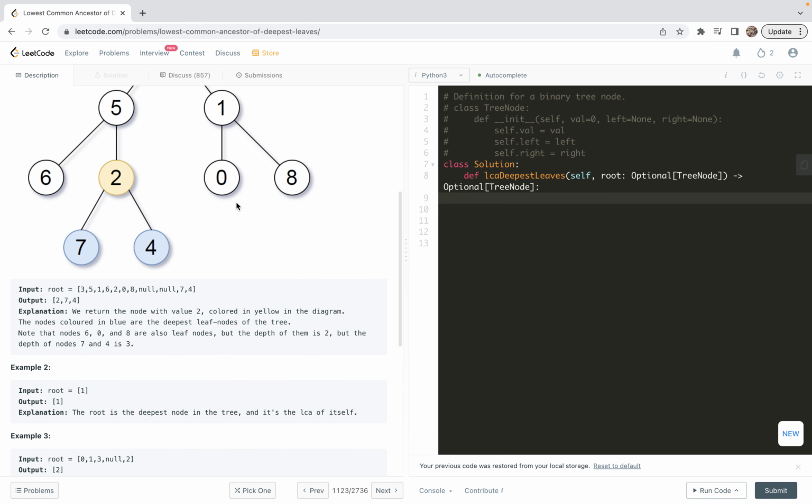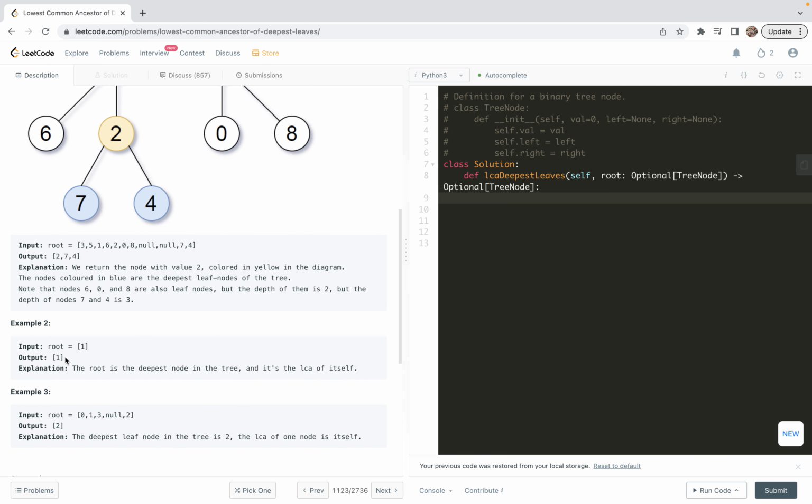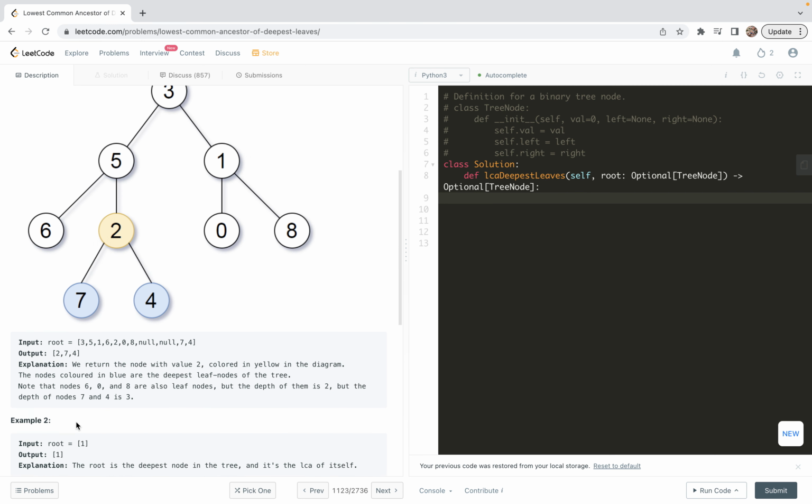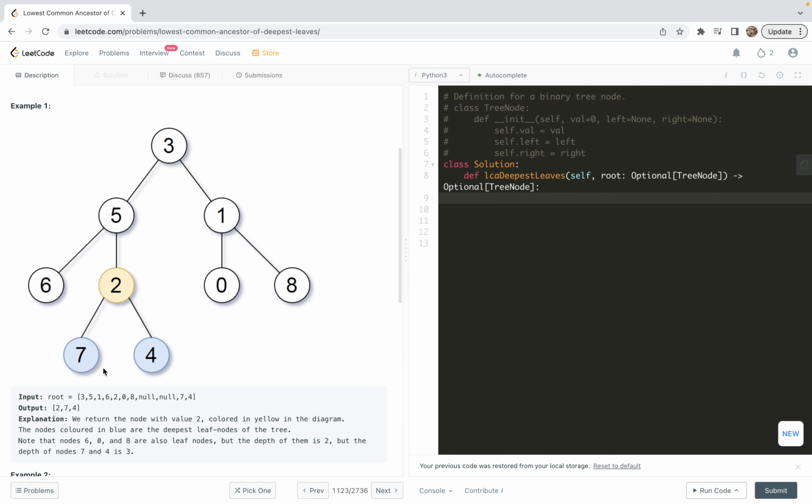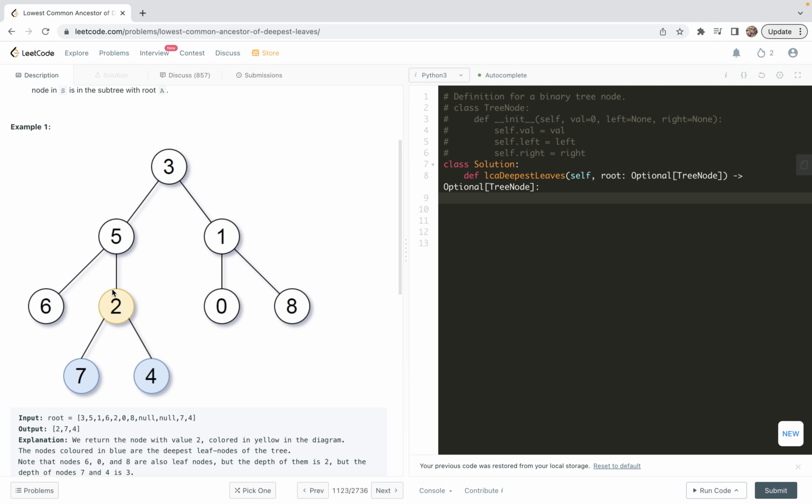Let's focus on example 1 because examples 2 and 3 are relatively simpler. In the first example, the return is 2, right? The reason is that if you look at 7 and 4, they are the deepest, at the same level, so their parent is the lowest common ancestor.